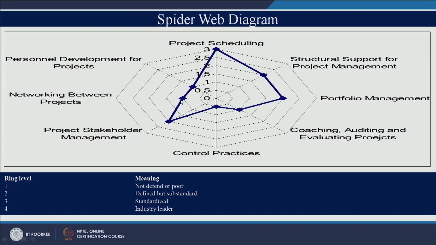So, you should benchmark your process with the chief competitor and you should try to move from 1 to 3. This is CMM, capability maturity model.